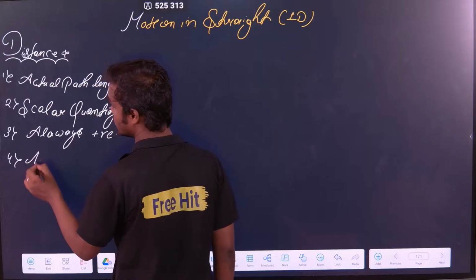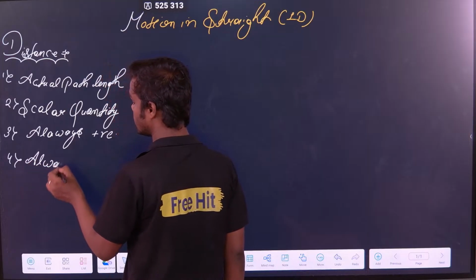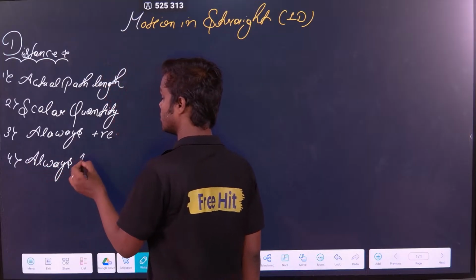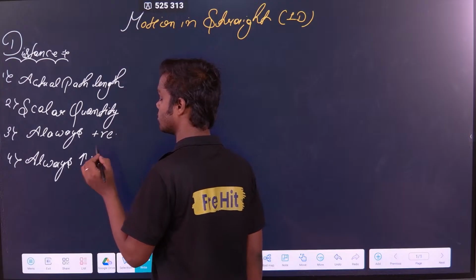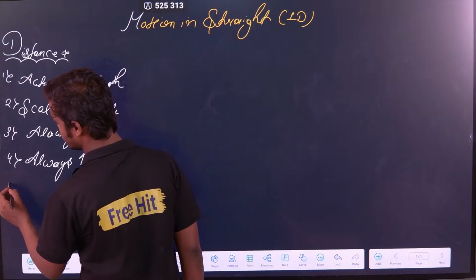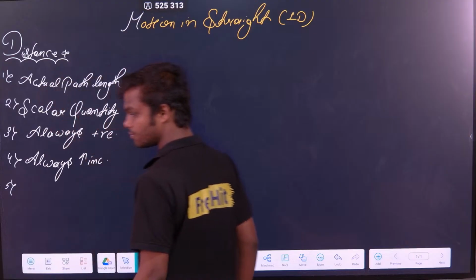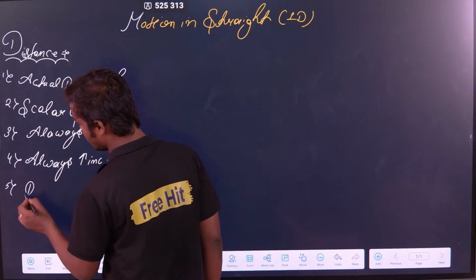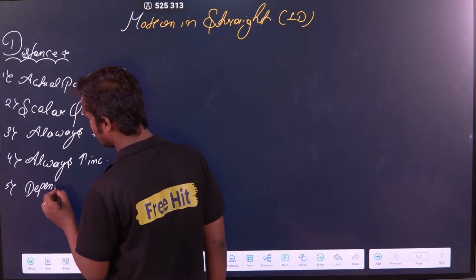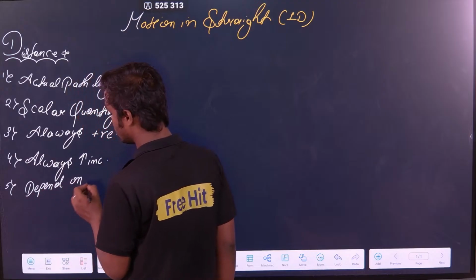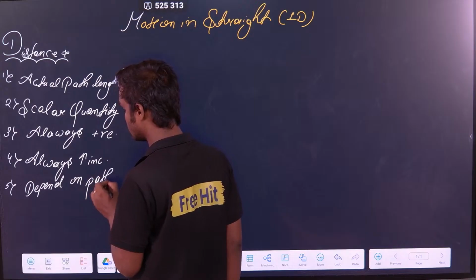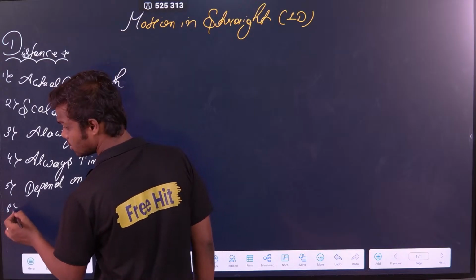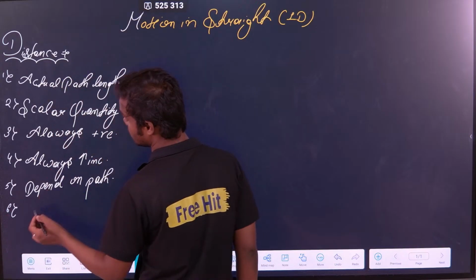Fourth, if it is always positive, that means it always increases. Correct? Any doubt? Fifth, it depends on the path, like what type of path it is. Sixth point, what is the SI unit?